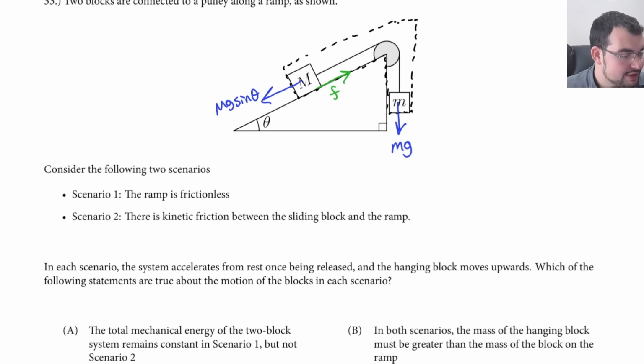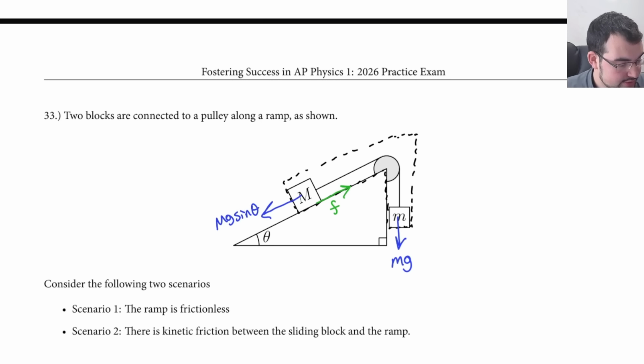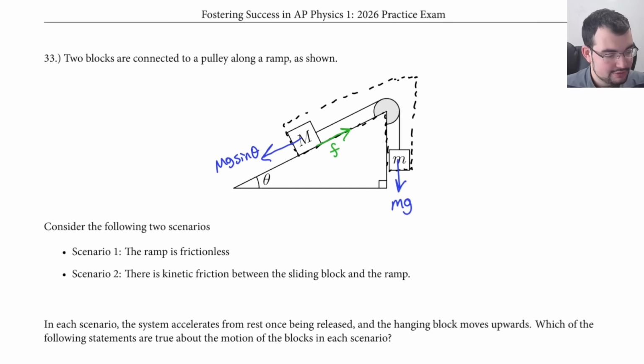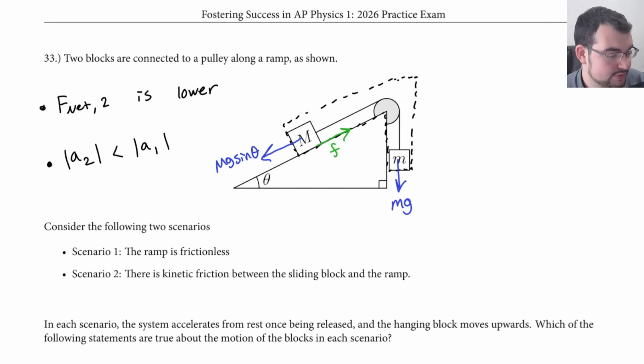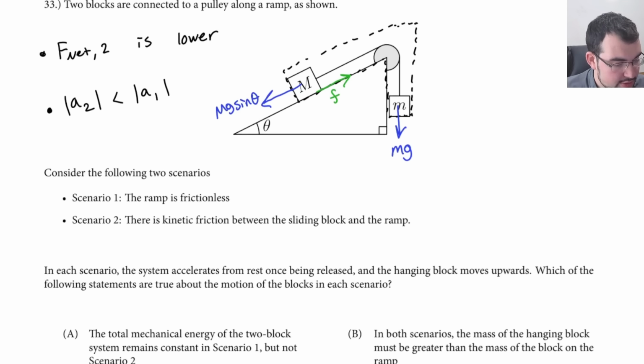So what we can see here is that there's an extra force fighting our motion in scenario 2. So we know that F net in scenario 2 is lower. This means there's a lower acceleration in scenario 2, which makes sense, right? If you add friction, the system should be accelerating at a lower rate. Let's see what we can gain from this.